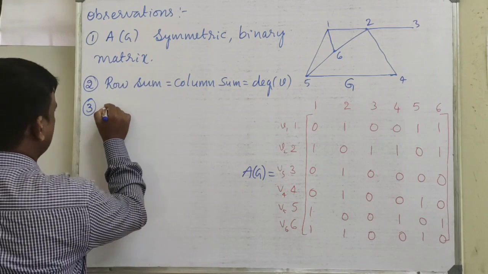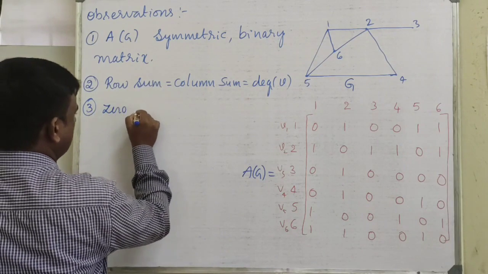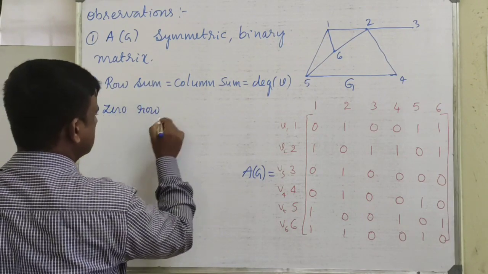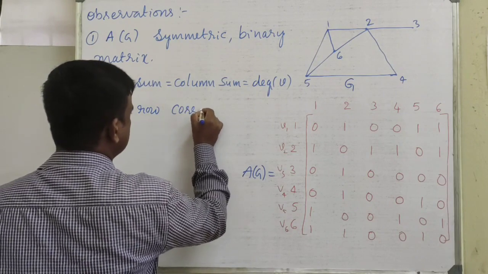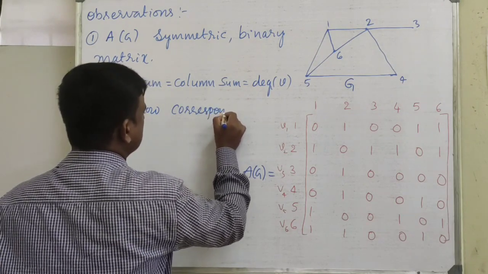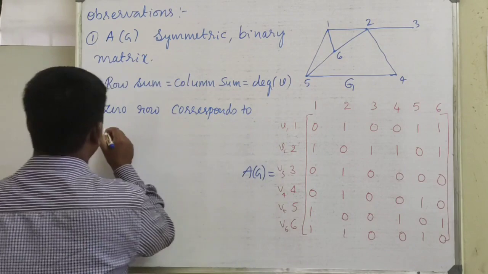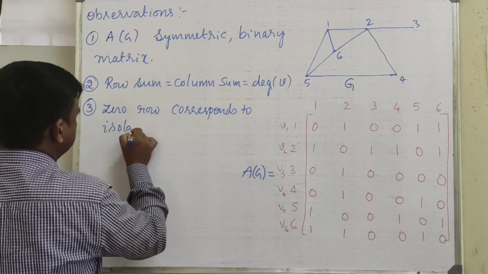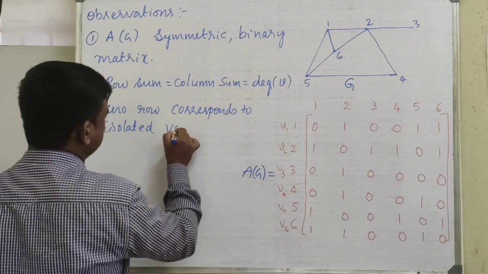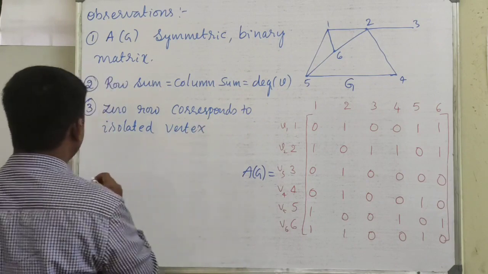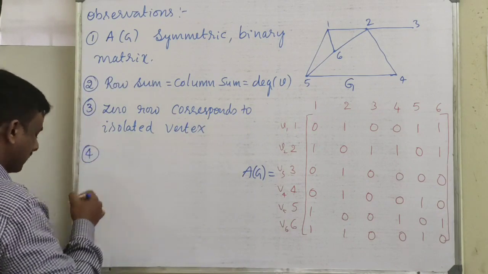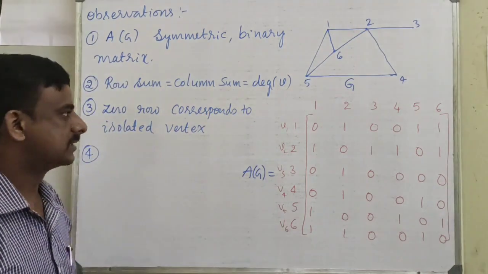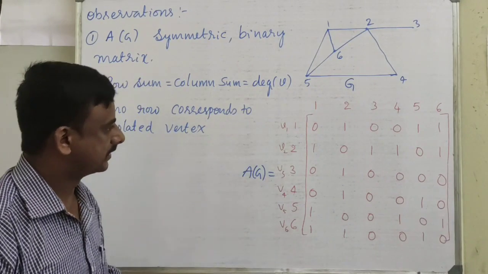So a zero row or zero column, you can take any one row or column, corresponds to an isolated vertex. That is the third observation.